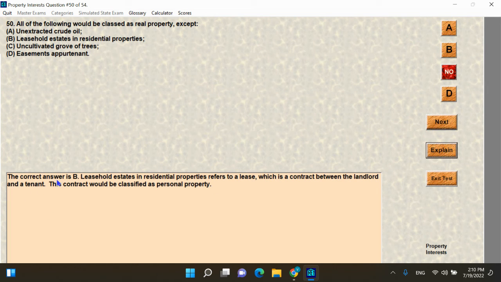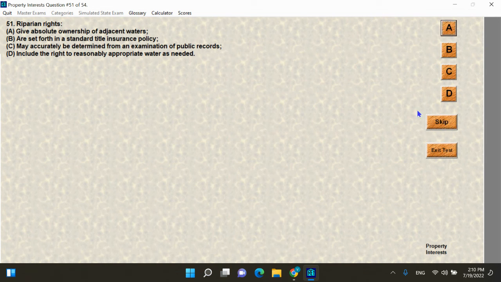The correct answer is B. Leasehold estate in residential property refers to a lease, which is a contract between the landlord and the tenant. This contract would be classified as personal property. So B is the correct answer.